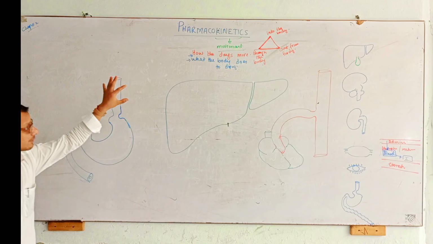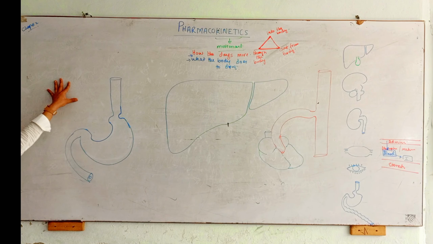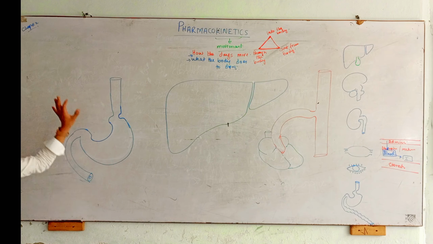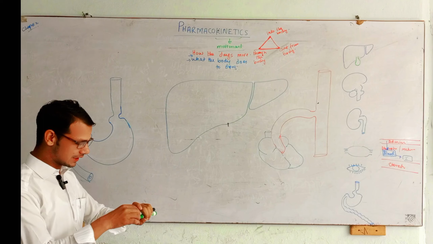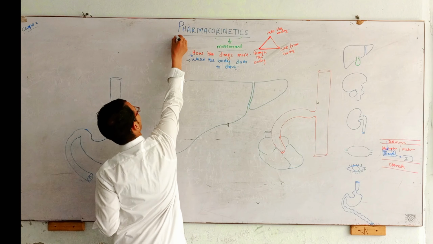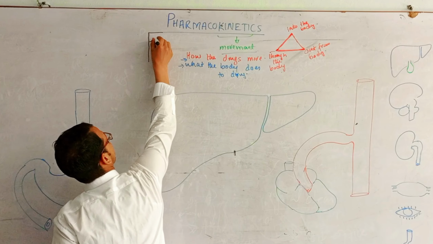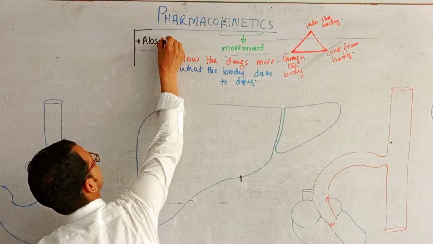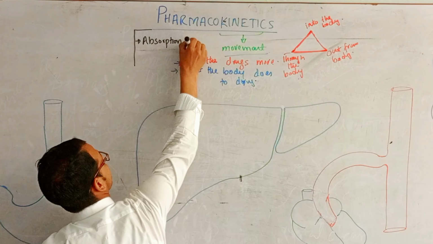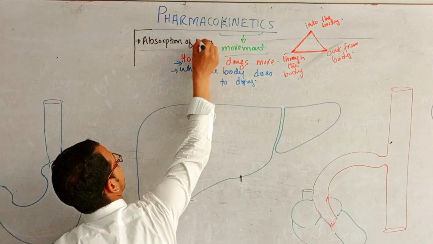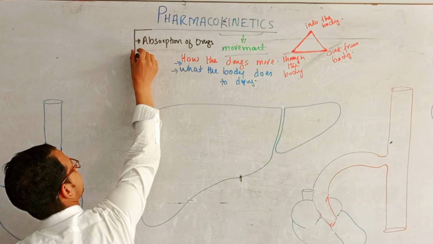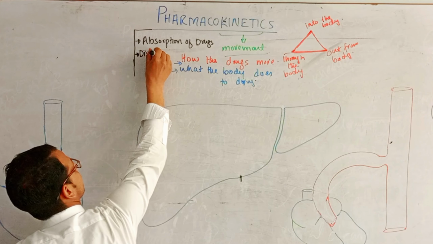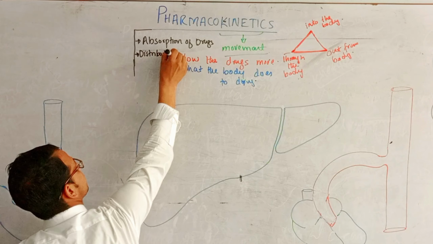So let's start pharmacokinetics. There are 4 important parameters of pharmacokinetics, and you all already know what they are. Absorption of drug. Second is distribution of drug.